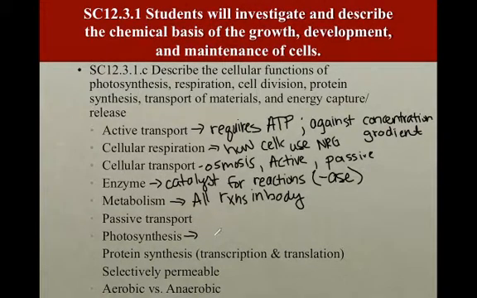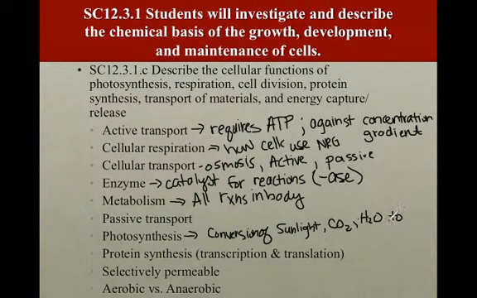Photosynthesis does what, Remington? You told us before. Yes, from what? So, yep. So we use, well, actually, let's put conversion of sunlight. It takes sunlight, and what else is required? CO2. And it uses water, right?